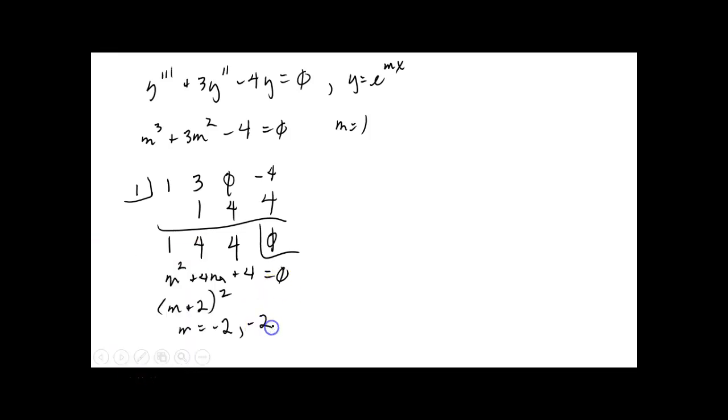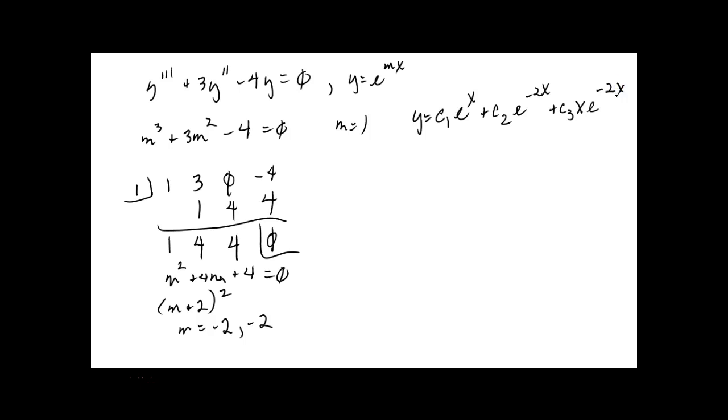Your 3 roots, m equal 1, m equal minus 2, and m equal minus 2. So can we write down what our solution is? Y is equal to C1 e to the x plus C2 e to the minus 2x plus C3 x e to the minus 2x.